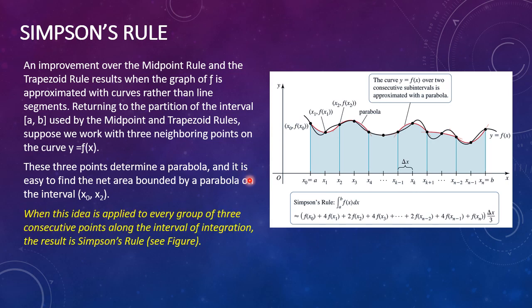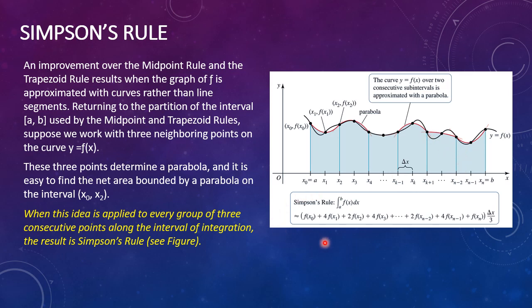When this idea is applied to every group of 3 consecutive points along the interval of integration, the result is Simpson's rule. So we're going to do the same thing here where we're going to create another parabola between x sub 2 and x sub 4. We're going to do the same thing here between x sub 4 and now we're into x sub k minus 1, and the next shape and the next shape and the next shape. Okay?